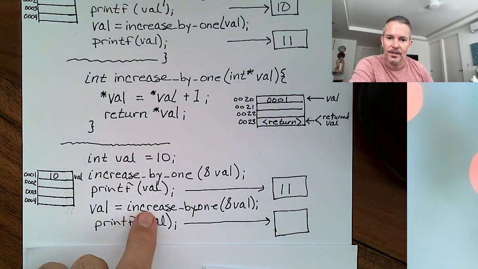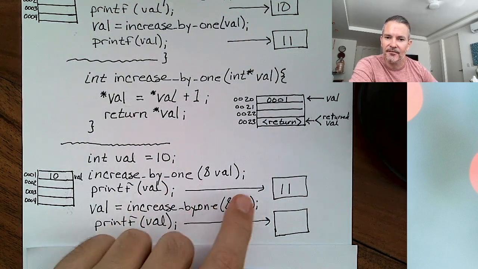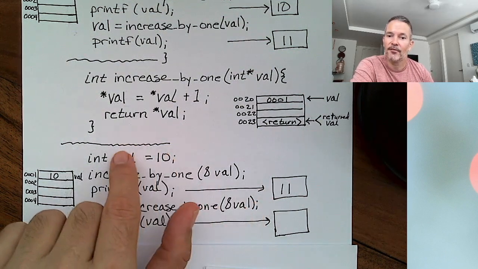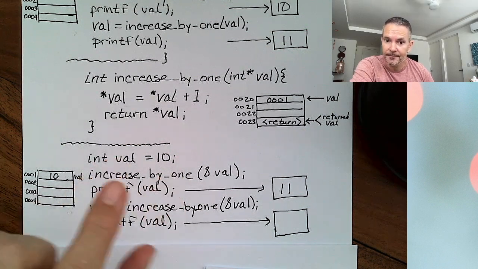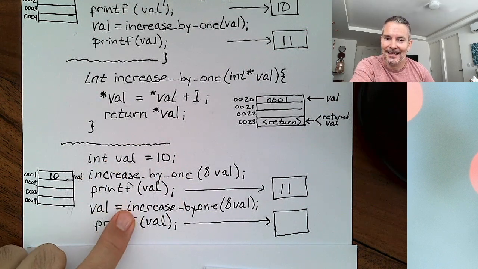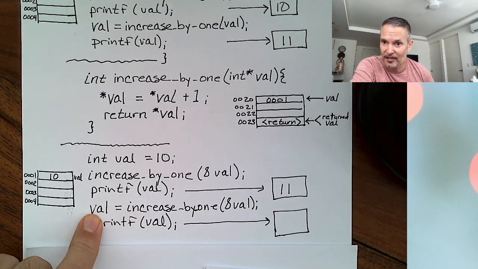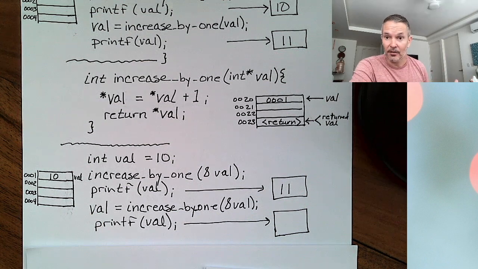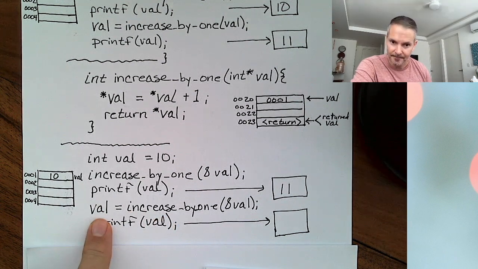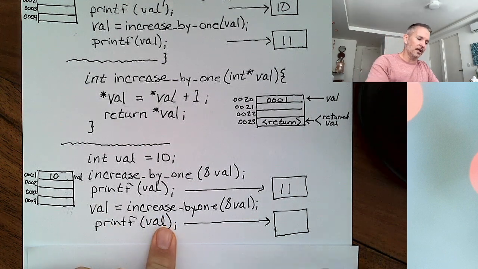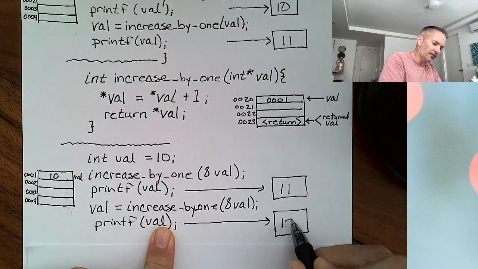So as soon as this function exits, the value of the val variable is going to be 12. But then I assign the value 12 back into the value variable. And so it's still just equal to 12, but it's equal to 12 now because I assigned the return value back in. So now if I print out val, I'm going to get 12.